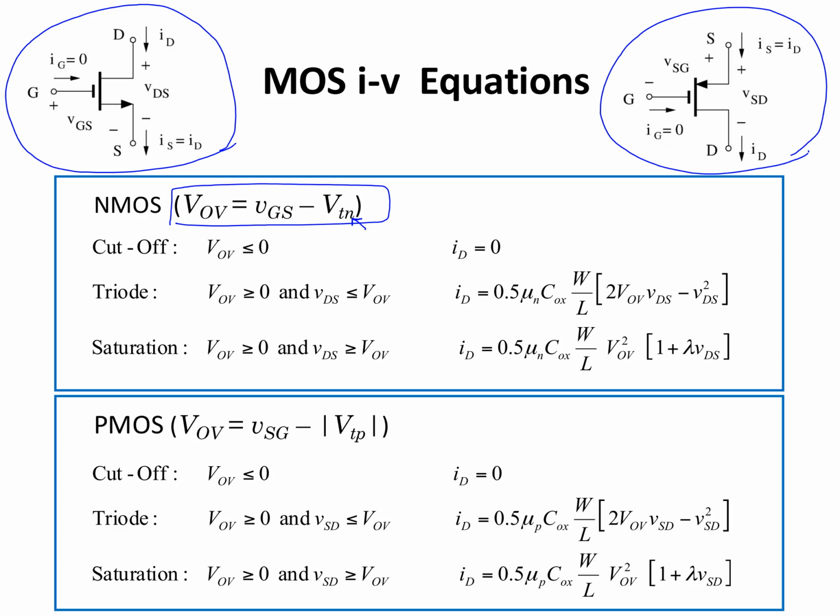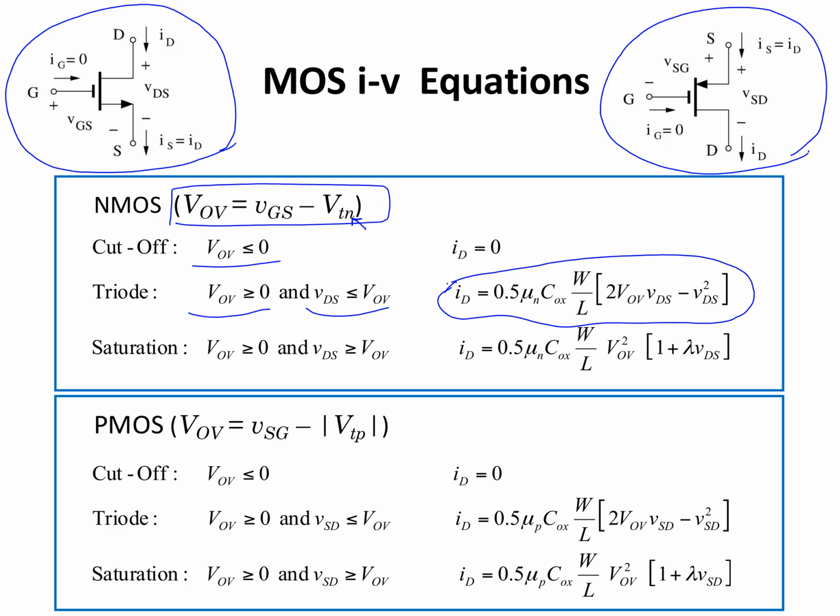So when the transistor is in cutoff, V overdrive is less than 0. When it is in the triode region, overdrive voltage is greater than 0, but drain to source voltage is less than V overdrive, and this is the ID equation that we're going to use for the operation of the MOSFET in the triode region.